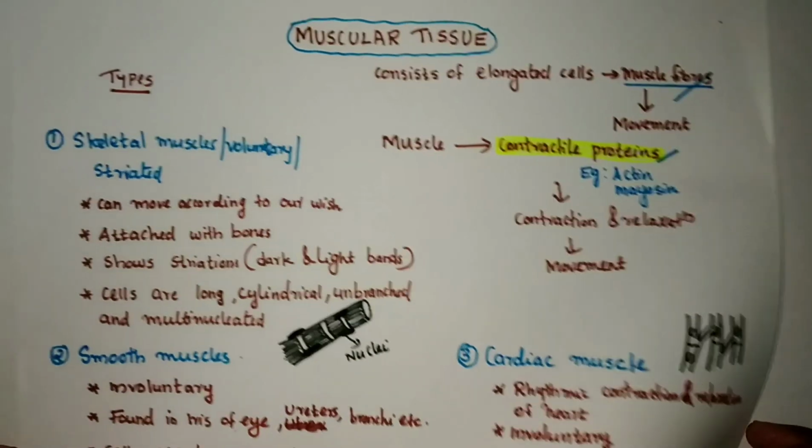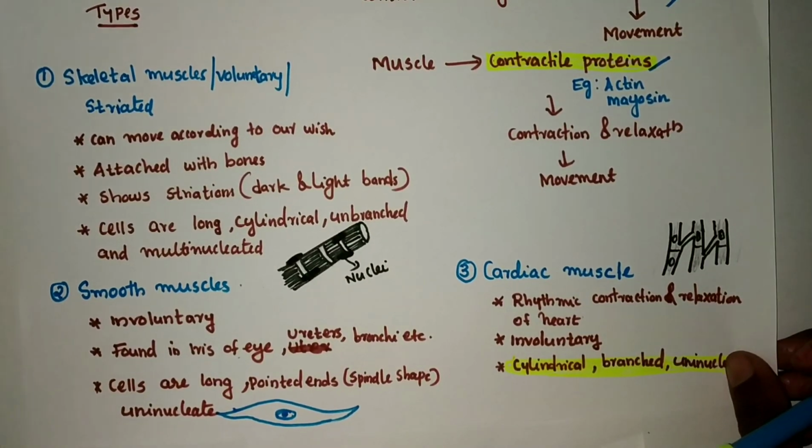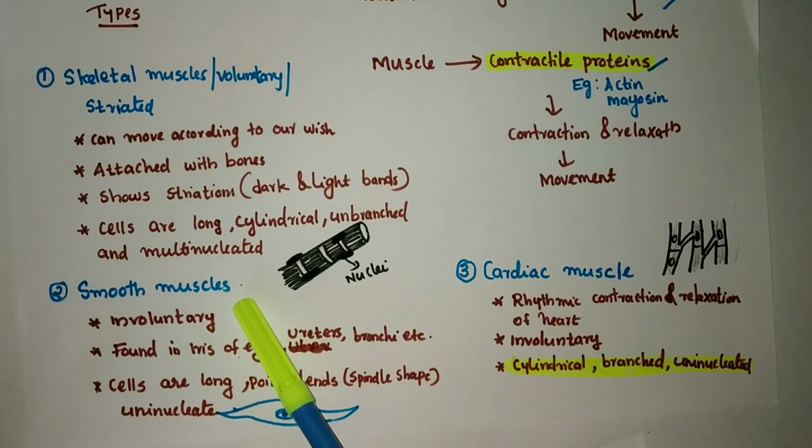The next type of muscular tissue is smooth muscle, which is involuntary, meaning we can't move it according to our wish. We can't control the movement of involuntary or smooth muscles. Examples are the movement of food through our alimentary canal or intestine, and the contraction and relaxation of blood vessels.